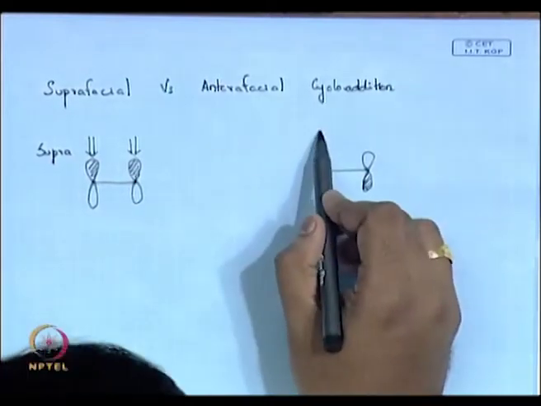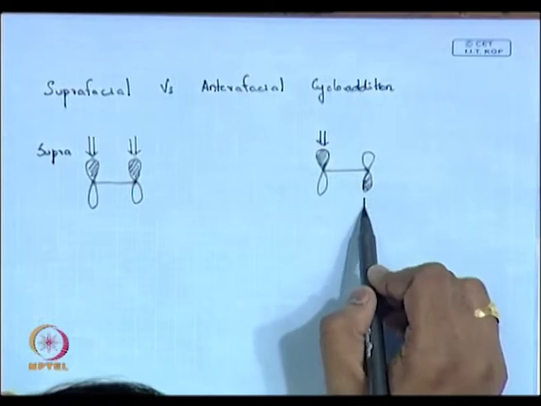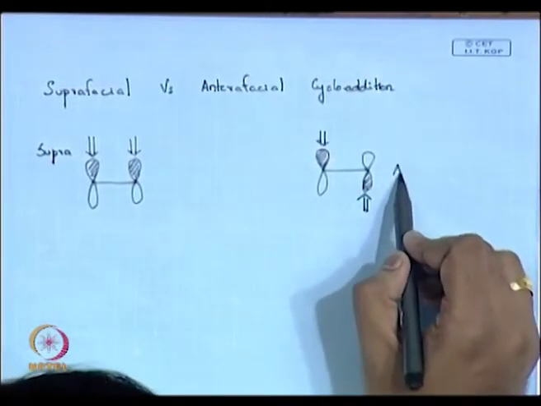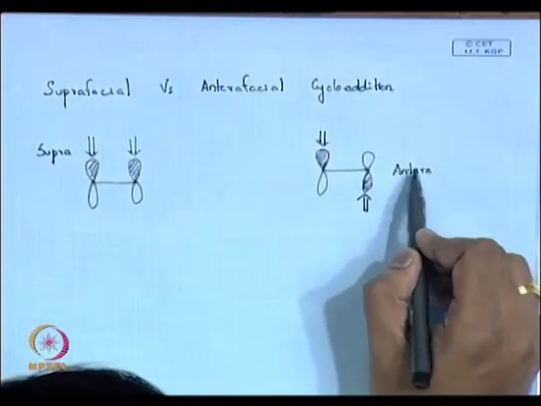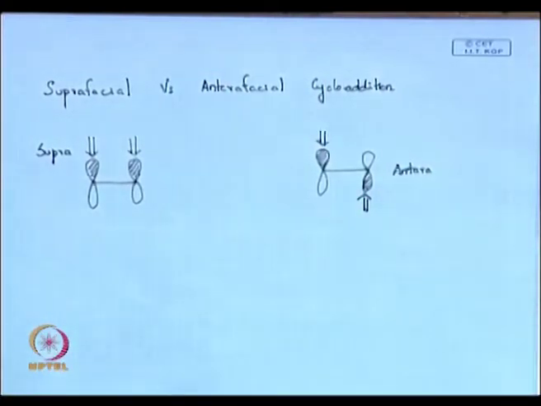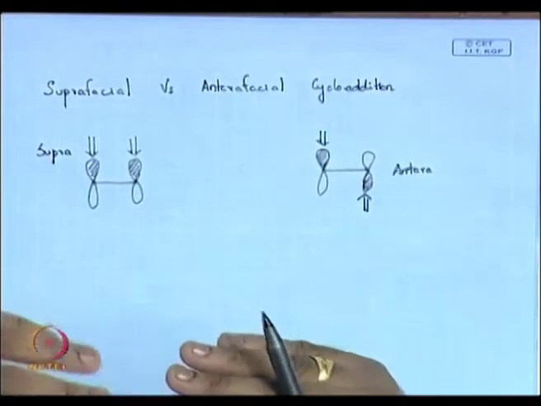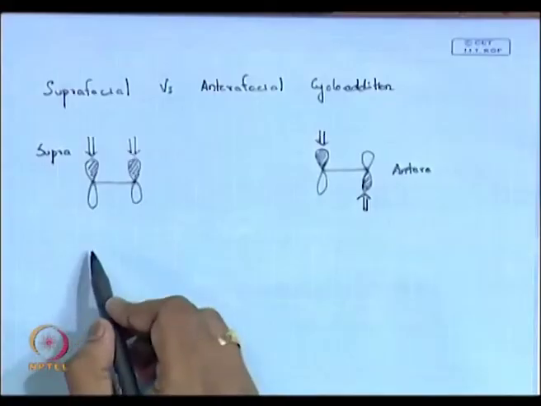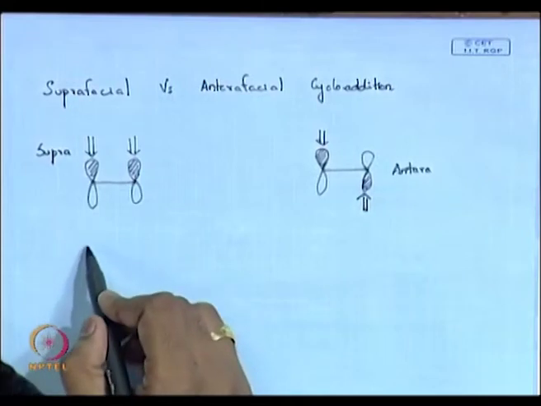If our addition takes place on the opposite face, then we call this antara. So, if it is the same phase of your orbital with the HOMO and LUMO, then you call it suprafacial. If one is on the opposite phase to the other, then you call that addition an antarafacial addition.